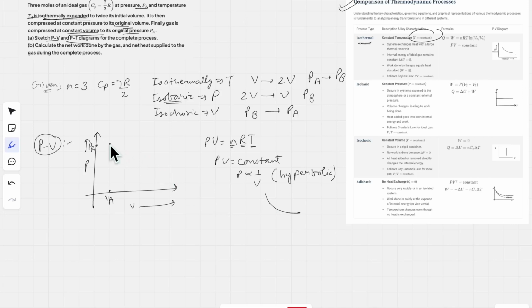So I will isothermally expand it to volume 2V. Let's say this is my 2V. Okay. Then the next process is isobaric. So pressure, let's say this is Pb.